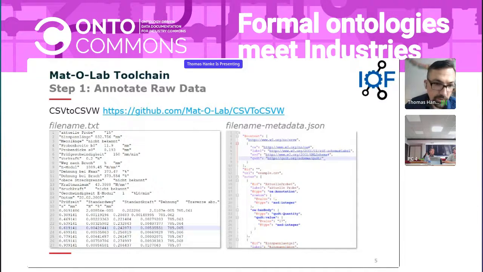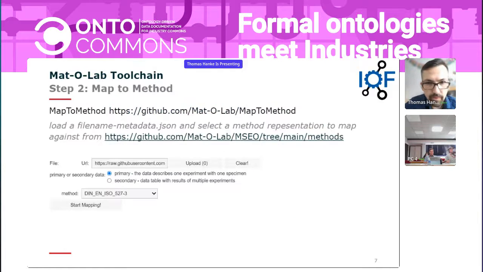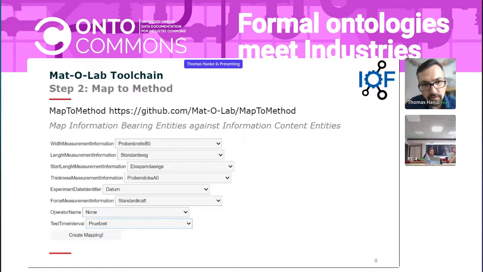So he is the only one who can create the mapping, and that's why we make him do this by selecting the method graph in the best way. He did that by himself. And then the only thing he has to do is pick with a dropdown an information bearing entity, which are the entities in the metadata created for the raw data, and an information content entity, which is an entity in the method graph, explaining what that is for.